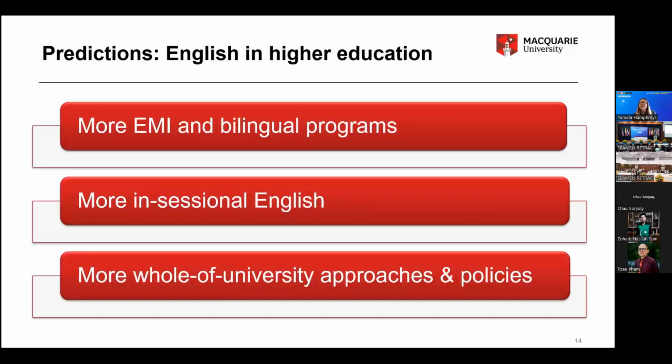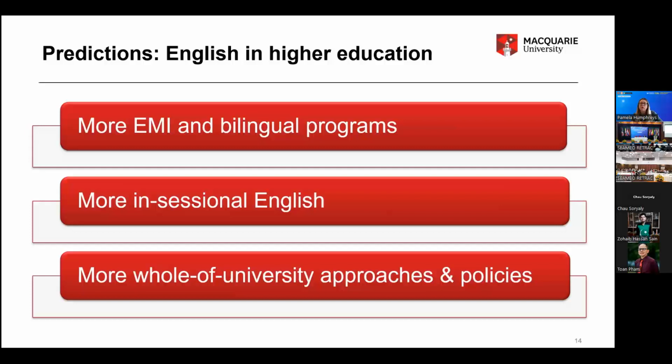But what we are seeing, and research is showing, is that EMI in higher education is absolutely burgeoning. And some recent research, again by the British Council in 2021, showed that there was a 77% increase outside of the big Anglophone nations since 2019 in EMI programs in higher education.